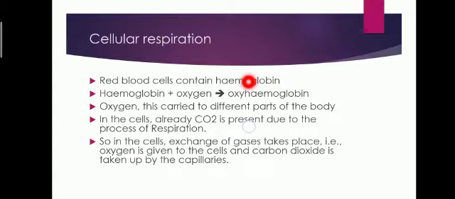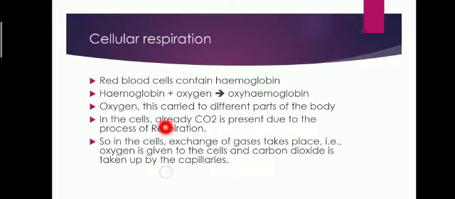That is why hemoglobin transports respiratory gases from one part of our body to another. Now what happens when hemoglobin combines with oxygen? That forms oxyhemoglobin. After forming oxyhemoglobin, this oxygen is carried to different parts of the body. Now in the cells, carbon dioxide is already present due to the process of respiration.